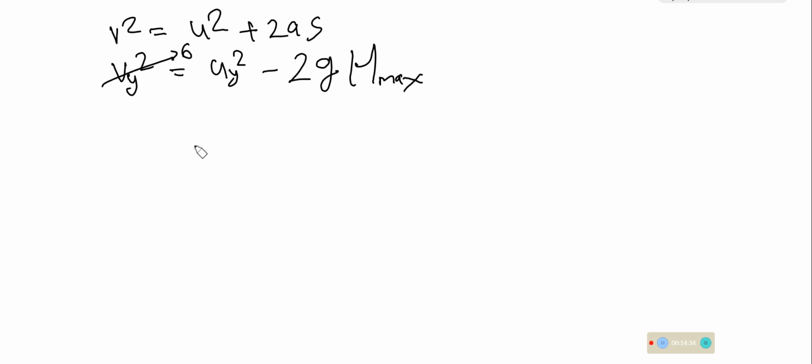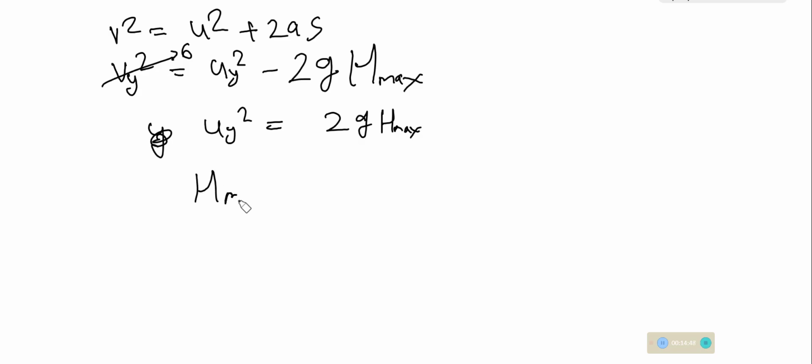So uy square is equal to 2g h maximum, and h maximum is equal to uy square upon 2g.